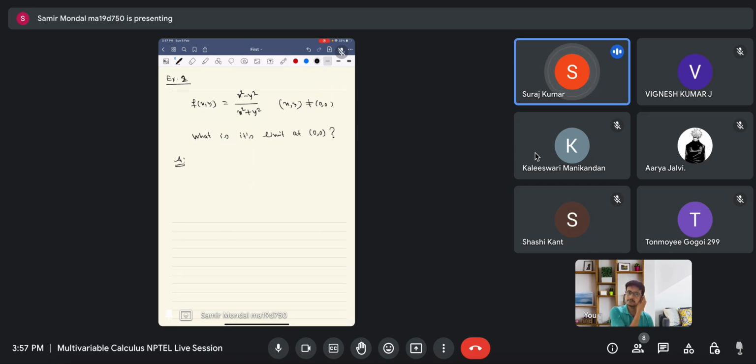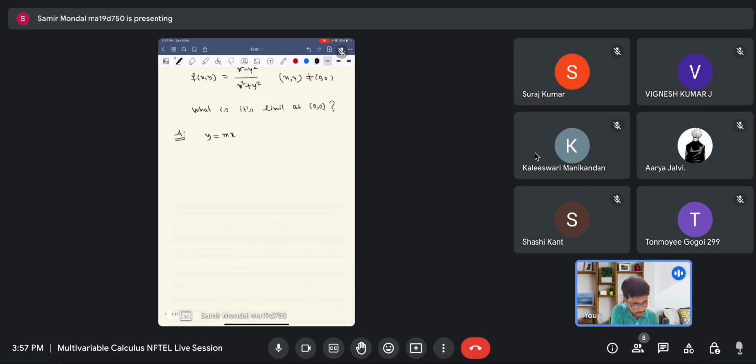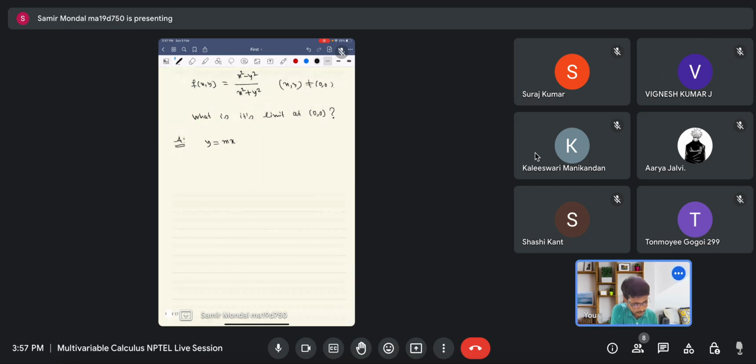y equal to mx. For different values of m, a different f(x, y) will vary. Okay, you are taking y equal to mx. So what will we get? We will get f of (x, mx), which is (1 minus m square) divided by (1 plus m square). Is it? Yes, sir.